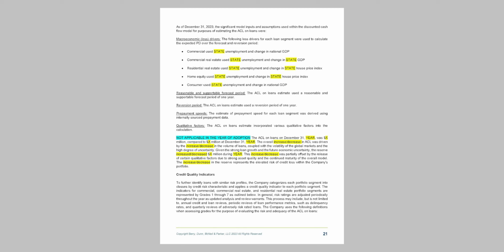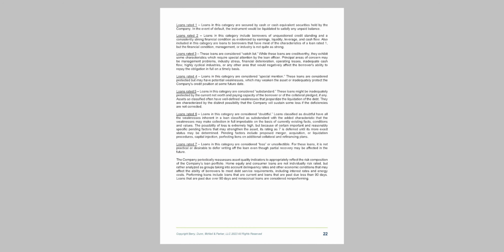Now, also on 21 here, we start our discussion of credit quality indicators on loans, and should look and feel pretty similar to current disclosures, where we're going to break down our loan pools by credit quality indicator.